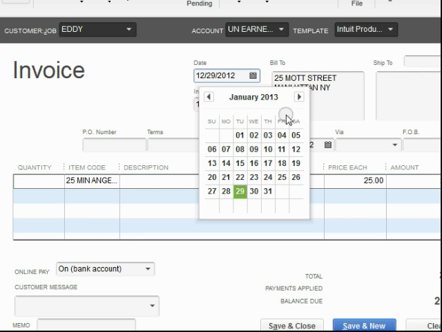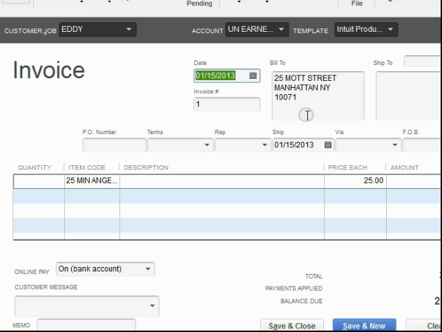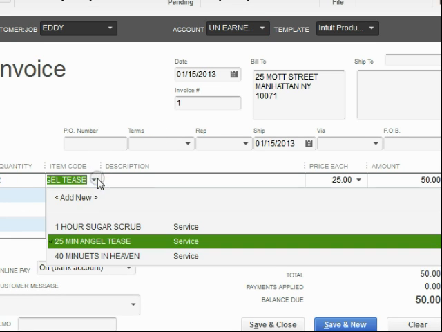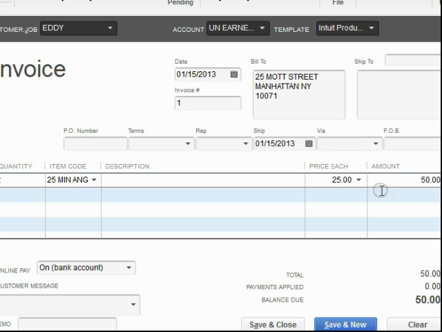We're imagining that this happened on January 15th, and the quantity is 2, therefore the amount that we actually earned in Angel Tease income is $50 even. So again, Eddie, unearned from gift certificate, you must put on the invoice. You must put the quantity and the specific service on the invoice. The computer will multiply. And all we did was fill out the invoice with the proper information.